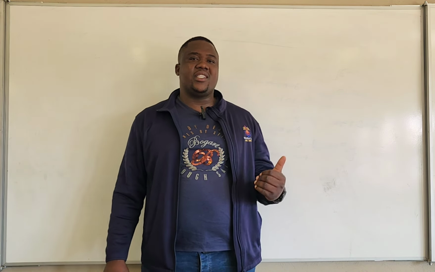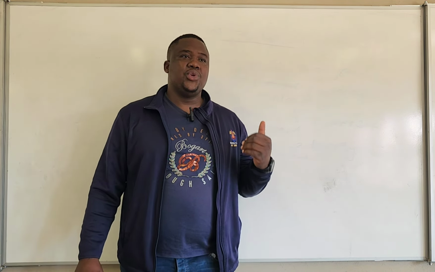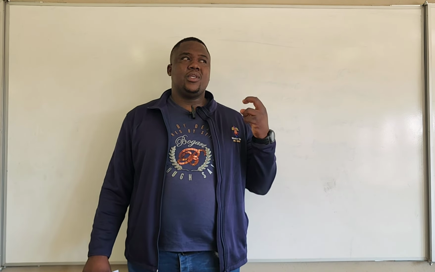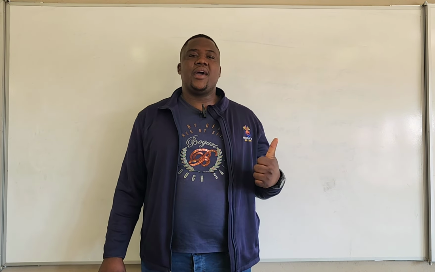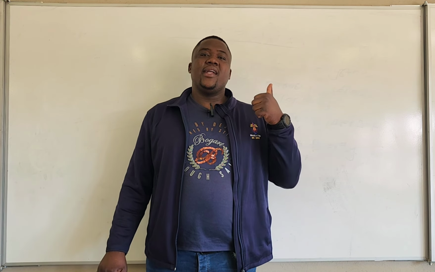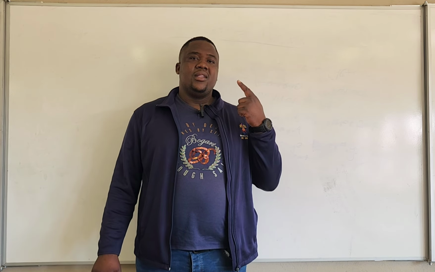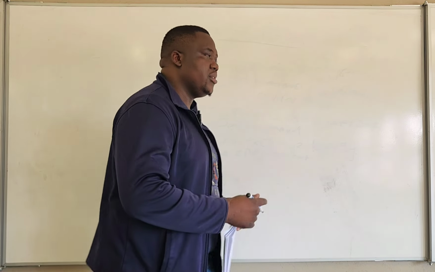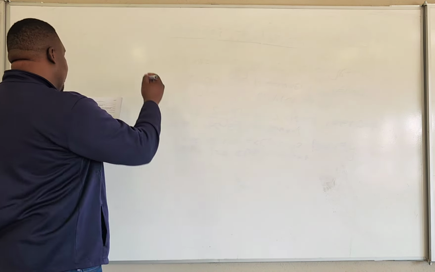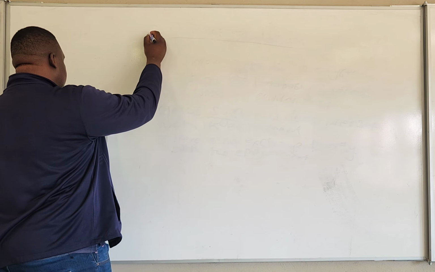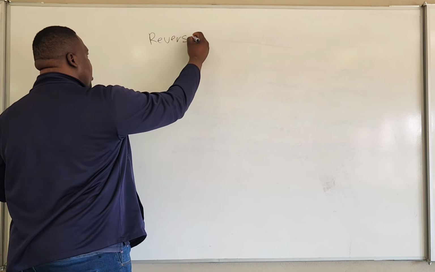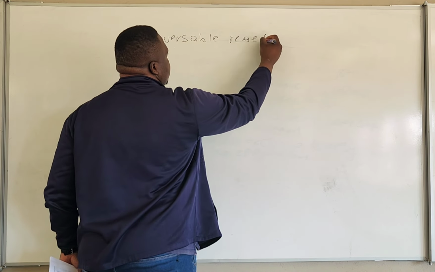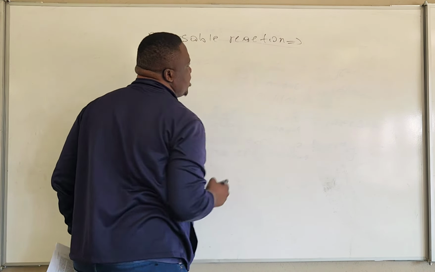Remember, in the introduction, I just indicated to you that chemical equilibrium first requires a closed system, right? The second thing, for chemical equilibrium to be achieved, the reaction should be a reversible reaction, meaning that we need to understand what a reversible reaction is.